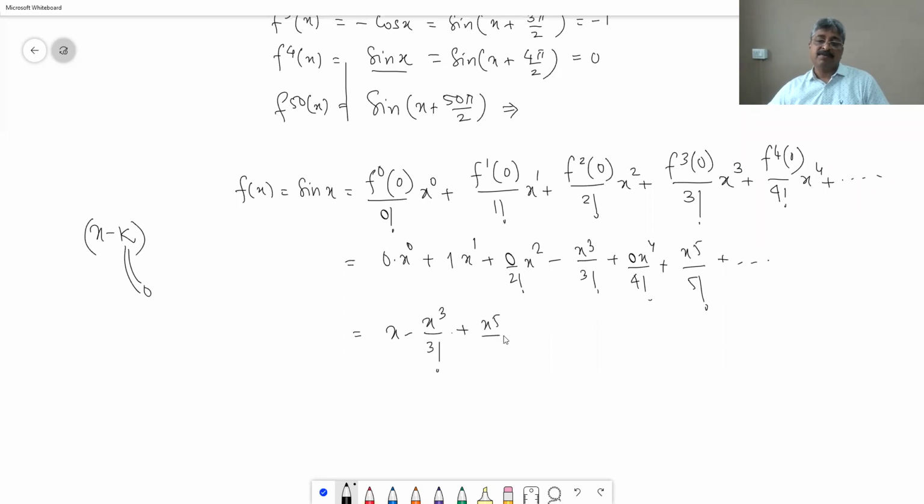Plus x fifth by 5 factorial minus x seventh by 7 factorial plus x ninth by 9 factorial and so on. So sin x, now I'm writing it dotted, therefore I can write it equal to, because if I keep doing this, I am sure I will get it.